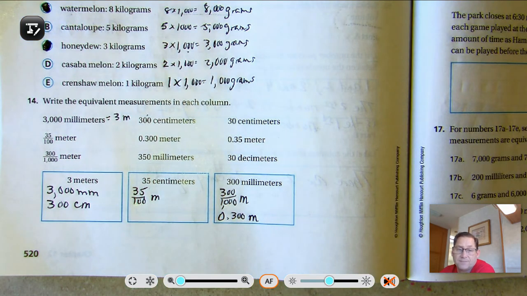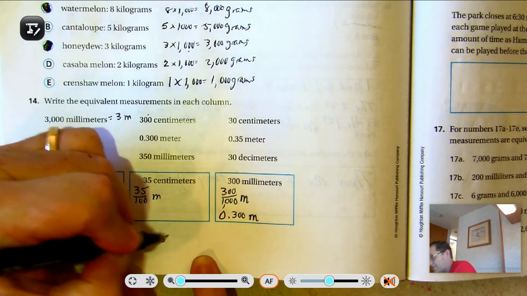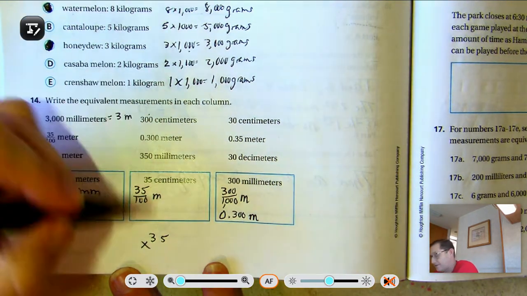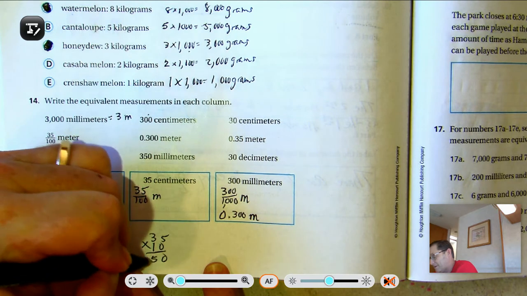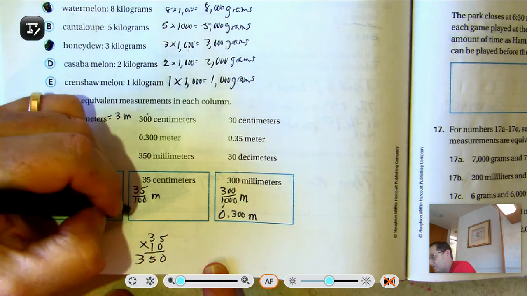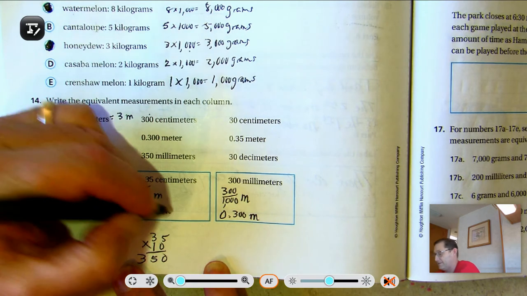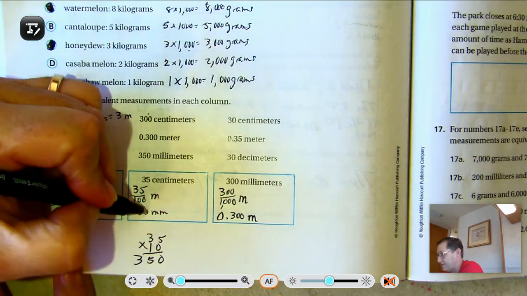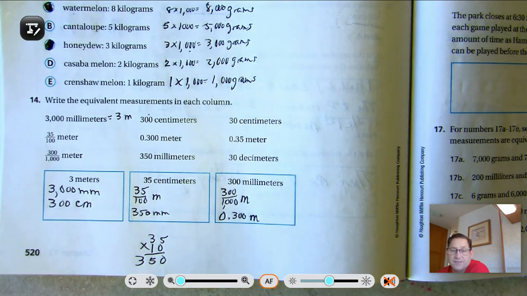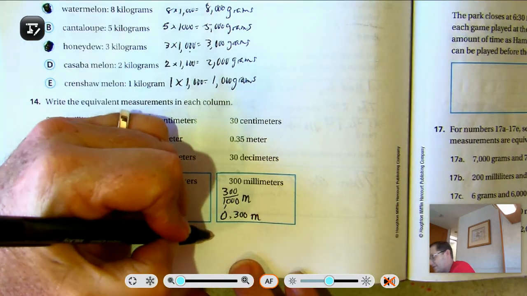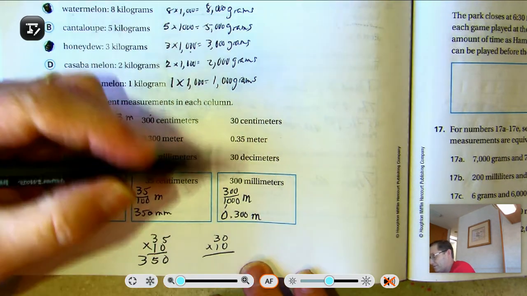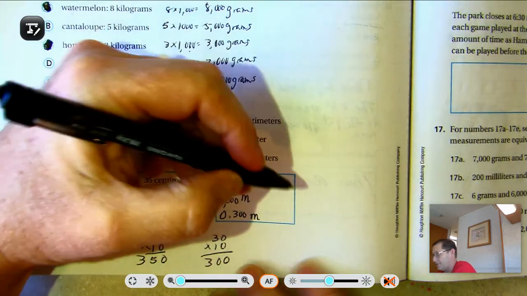350 millimeters. There's 10 millimeters in every centimeter. So if I was trying to figure out how many millimeters are in 35 centimeters, I'd go 35 times 10, which would be 350. So 350 millimeters is the same as 35 centimeters. 30 centimeters times 10 millimeters is 300 millimeters.